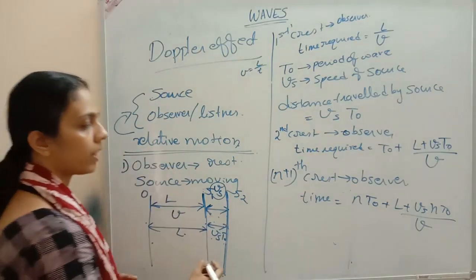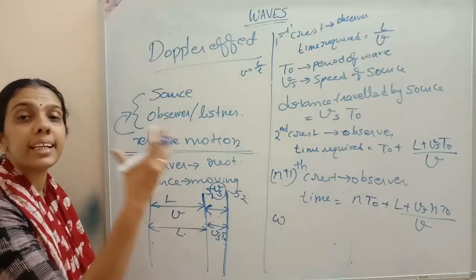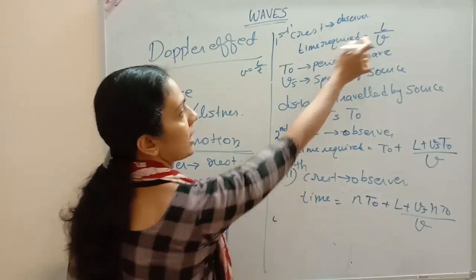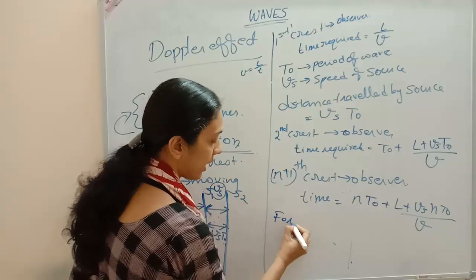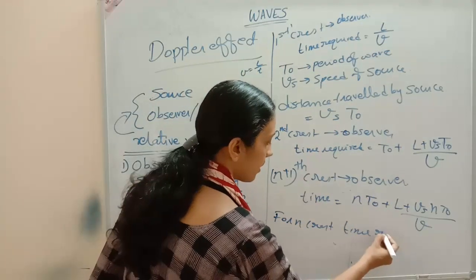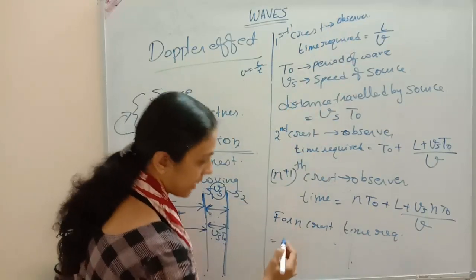Okay, now we are finding the time required for N crests to travel. The N plus 1 th crest takes this much time, and the first crest takes L by V. So the time required for N crests equals the N plus 1 th minus the first crest, isn't it?